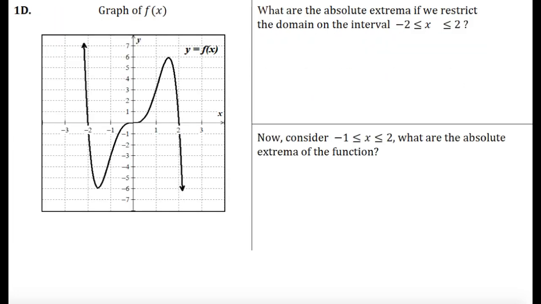All right, so let's go back and look at those same graphs, but let's restrict the domains this time. Okay, so if I just take a look at this graph and I restrict the domain, so I'm saying I'm just going from -2 to +2, right? So I'm saying I'm starting here and ending here, right?